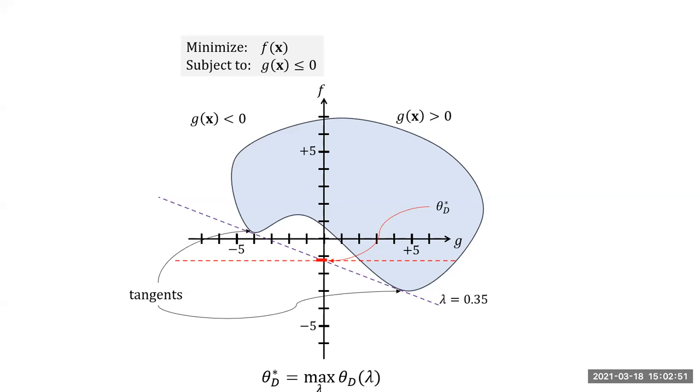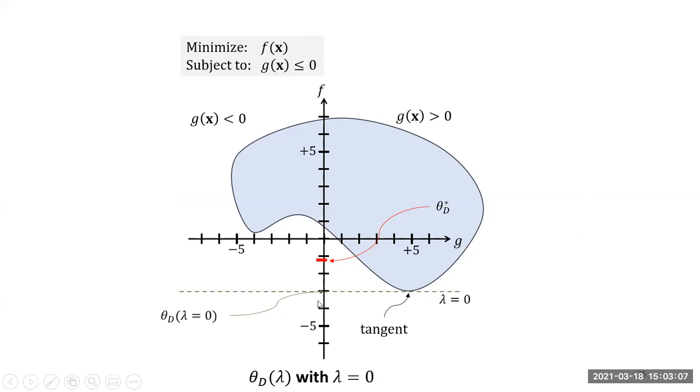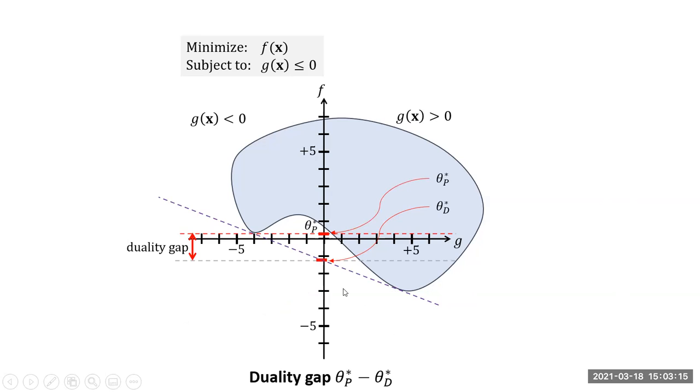So this is my theta d star. And this is for lambda equals 0.15. And for lambda equals 0, it again goes down further, right? Theta d for lambda equals 0.